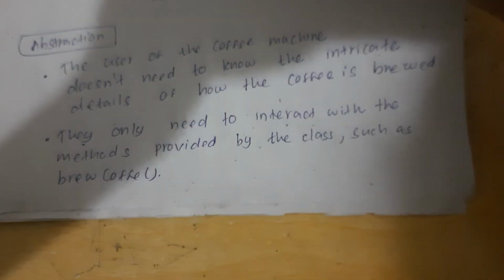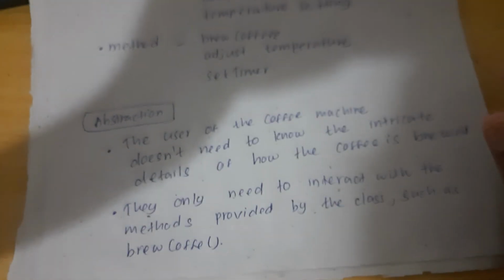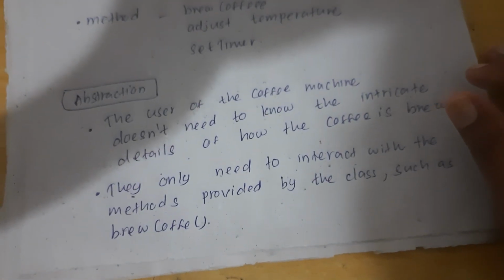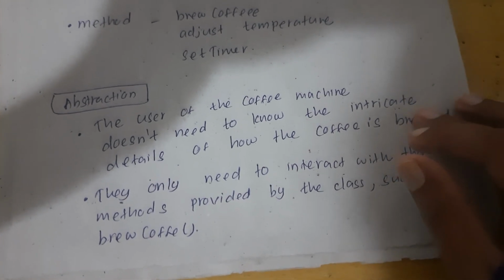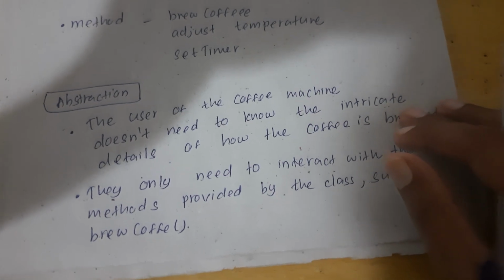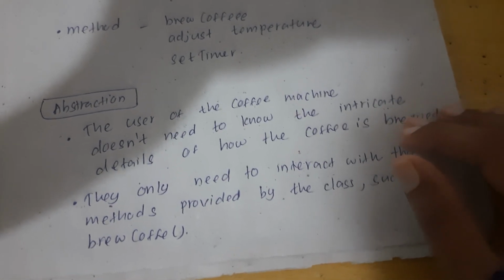In the abstraction part, abstraction is achieved by encapsulating the complex internal working of the coffee machine within the class.